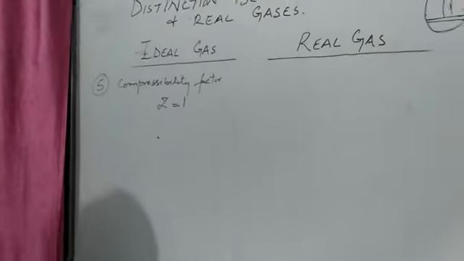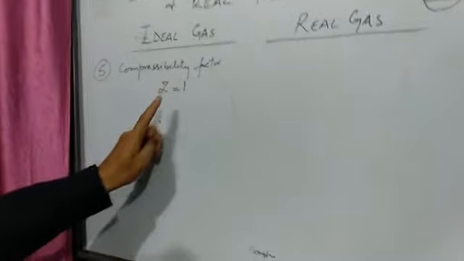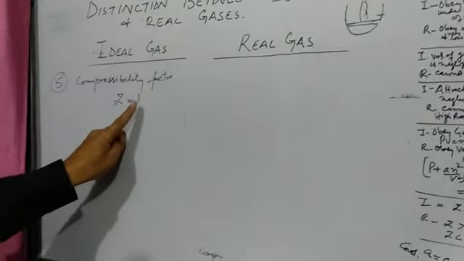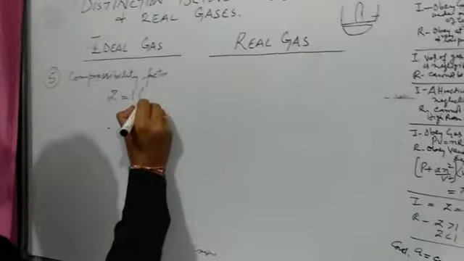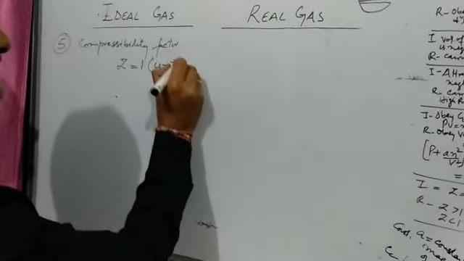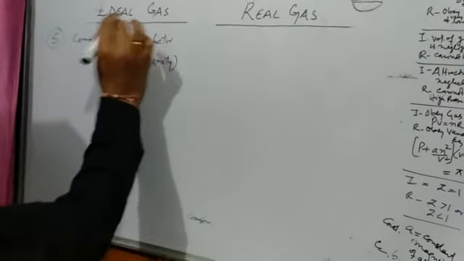Please remember that in the case of ideal gases, the compressibility factor Z must be equal to 1, that is unity. So when Z is equal to unity, then the gas is known as ideal.